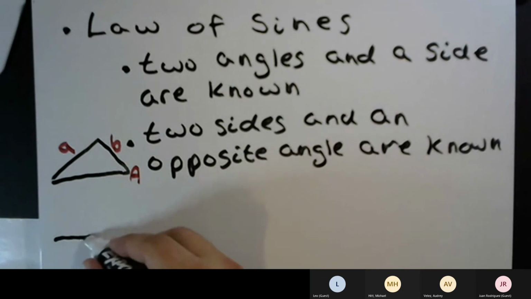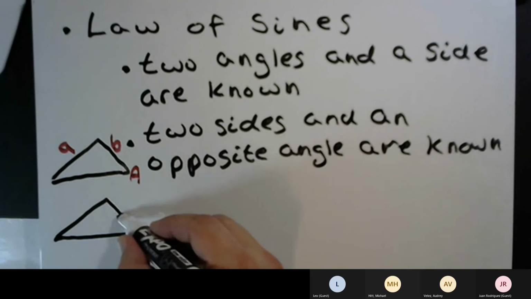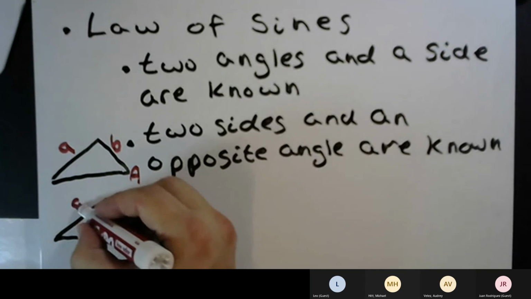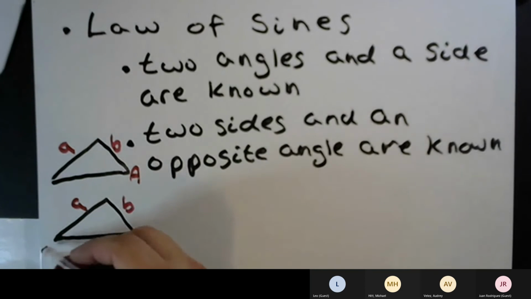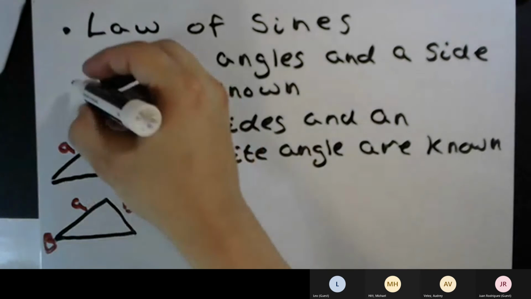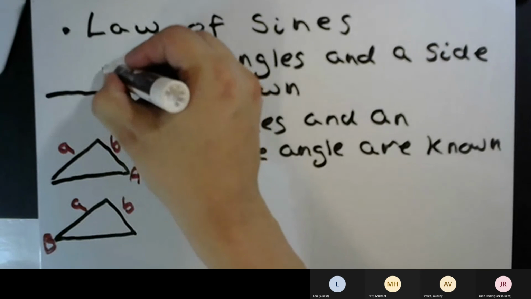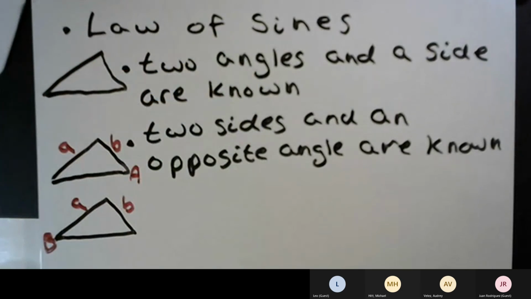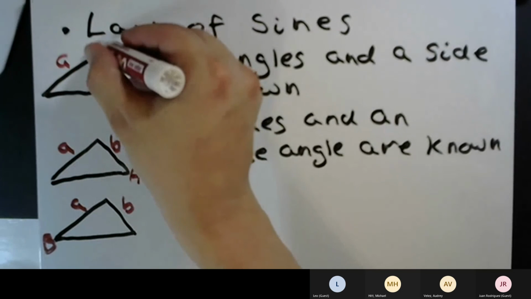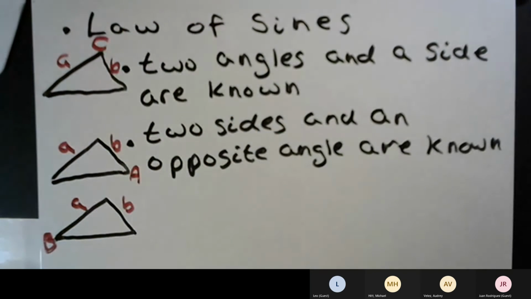Or we could have, same triangle, A, B, and then an angle opposite B. For this, we could have a situation where any 2 sides are known, say A or B, and an angle C could be known.